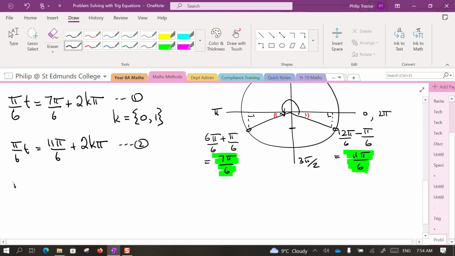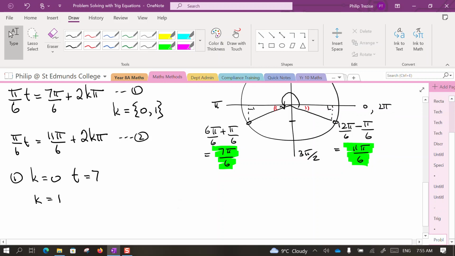Well, from equation 1, if k equals 0, I simply get pi over 6 times t equals 7 pi over 6. It should be clear that t equals 7. If k equaled 1, then I'd have 2 pi plus 7 pi over 6. I might write a little bit of working out for this one.